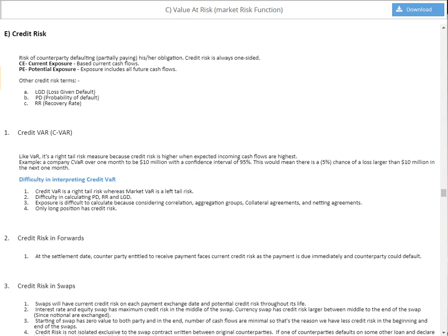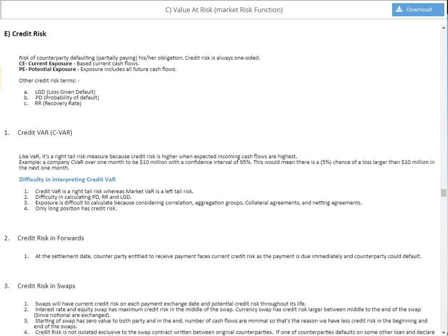So like VaR, it's a right tail risk measure because the credit risk is higher when expected incoming cash flows are highest. Example: a company's CVaR over 1 month is 10 million with a confidence level of 95%. This would mean there is a 5% chance of a loss larger than 10 million in the next 1 month.